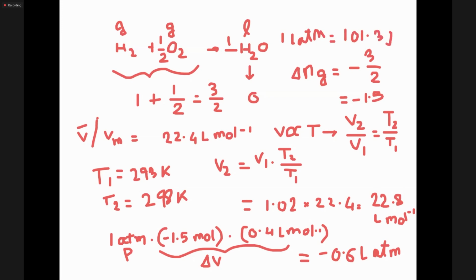So if we use this conversion factor, the system increases its energy by 101.3 multiplied by 0.6, which will be approximately 61 joule.